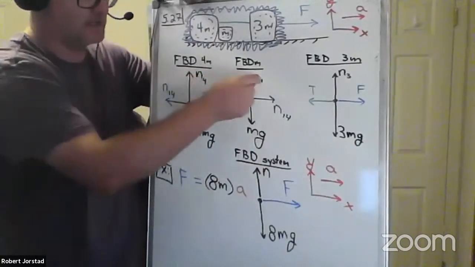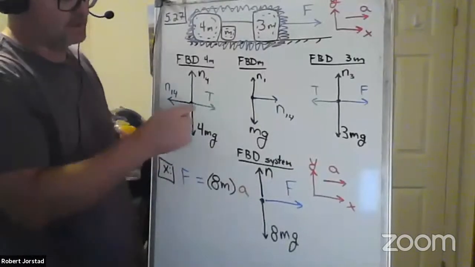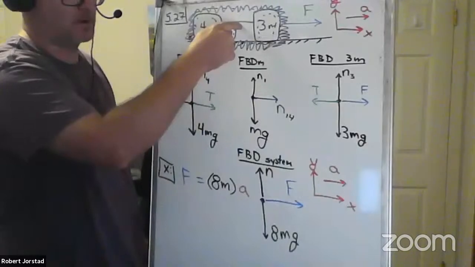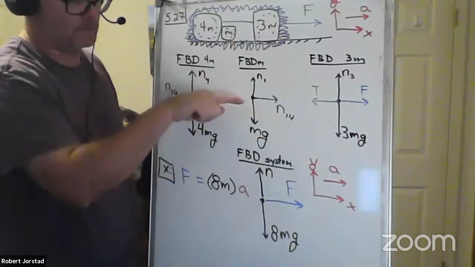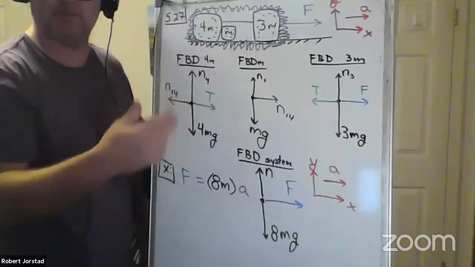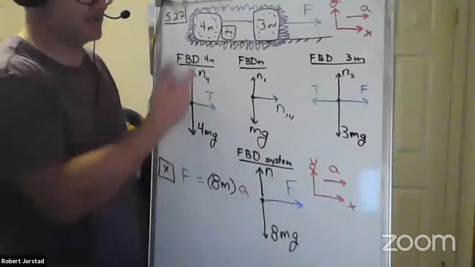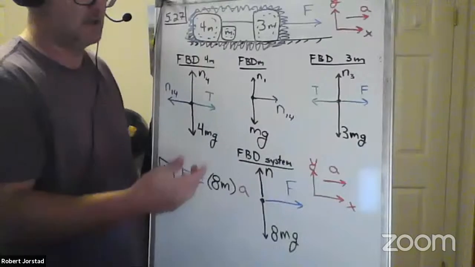Obviously, you could add up these three to get that one. But, for example, these green arrows, the tension, that is inside the purple blob. It's pulling backwards on one part of the system, forwards on another part of the system, and they balance out. That obviously matters because, you know, if we didn't have that rope there, we couldn't treat it as a system, and this would be a very different problem.